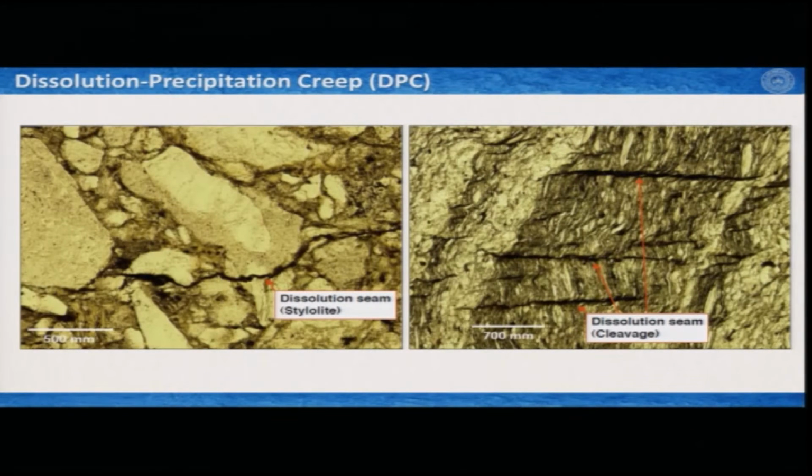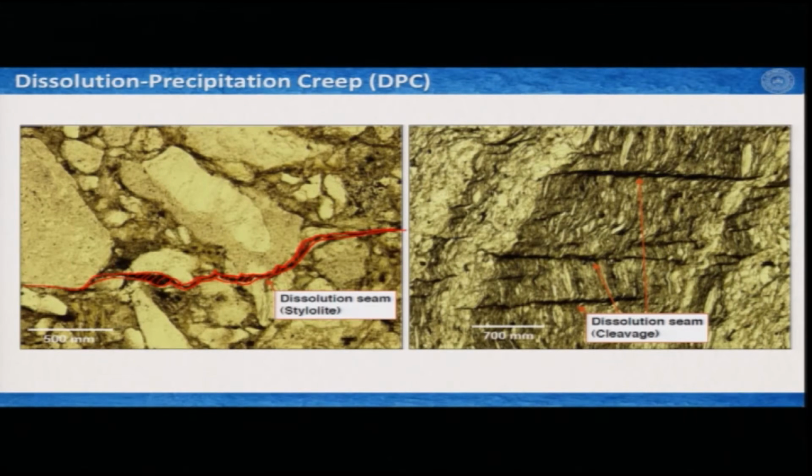Now, here there are some examples in this image. The first one, you can clearly see that something has happened along this, and if you can match the illustration of one of the previous slides, this is essentially, or you can nail it as a dissolution seam or initiation of stylolite.